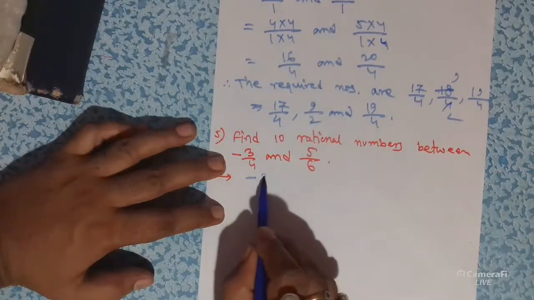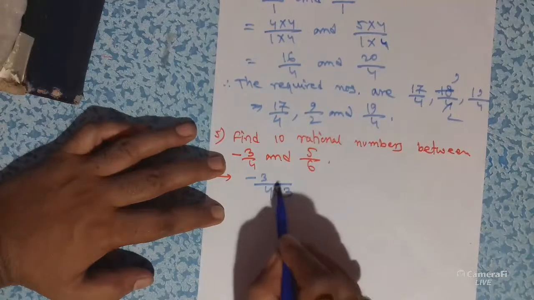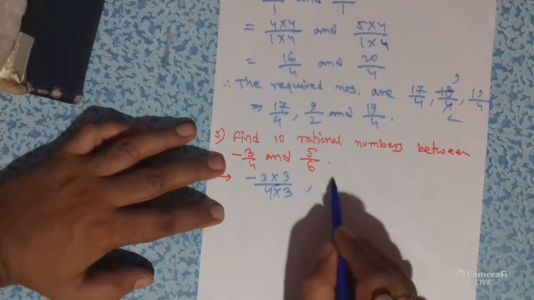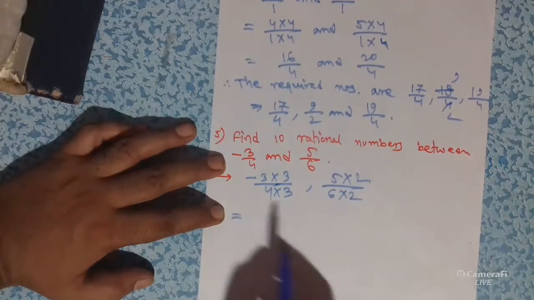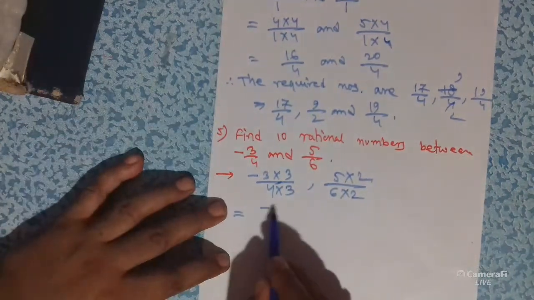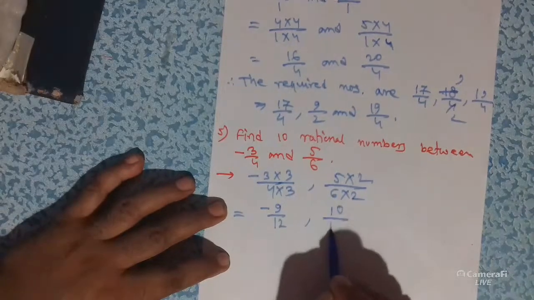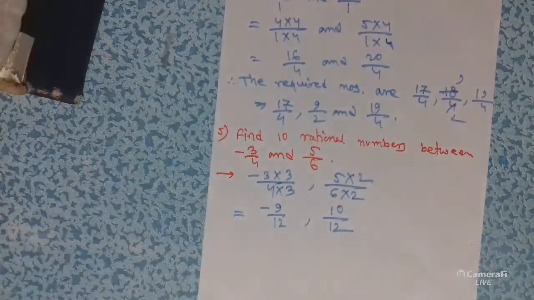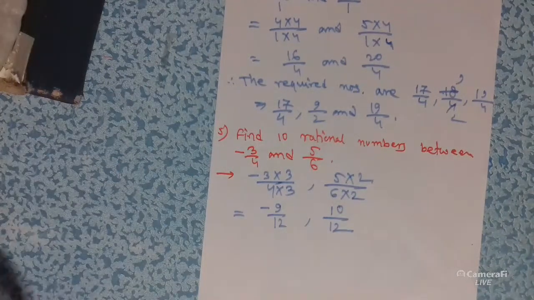So -3 by 4 should be multiplied with 3 and 5 by 6 should be multiplied with 2. So here it is -9 by 12 and it is 10 by 12.